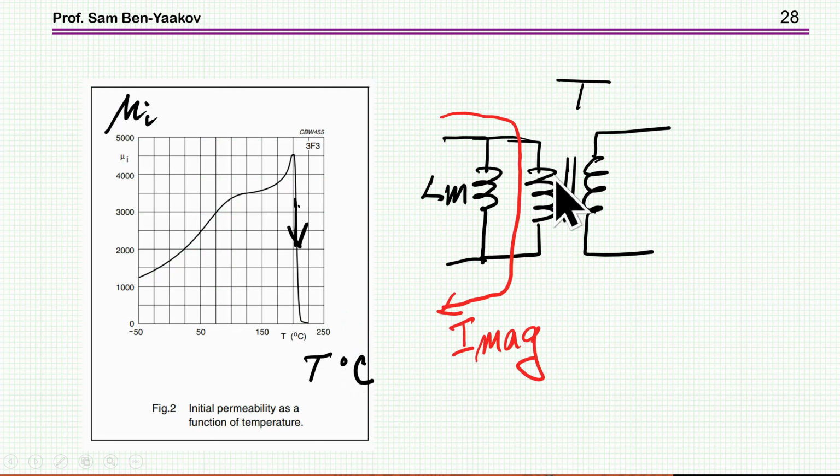Now, if I'm building a transformer, the magnetization inductance is dependent on the permeability of the material, say 3F3. And if the temperature goes up, you may reach the so-called Curie point. So the whole thing collapses. That is, you have no inductor anymore. It's like a short circuit. And obviously, for a given voltage excitation, say, the current will be very, very high, and eventually you'll have a breakdown. So this is one example.